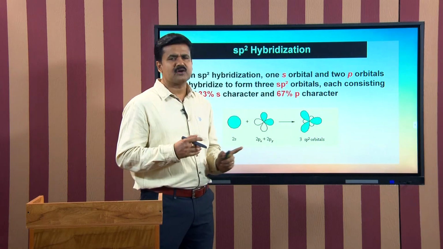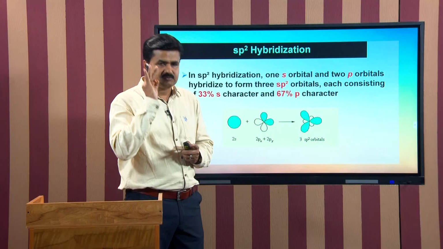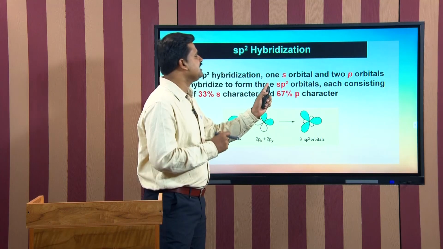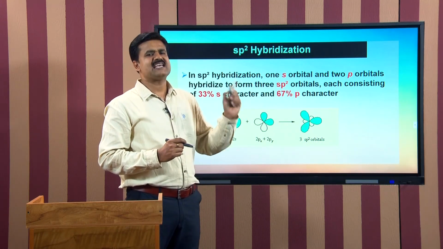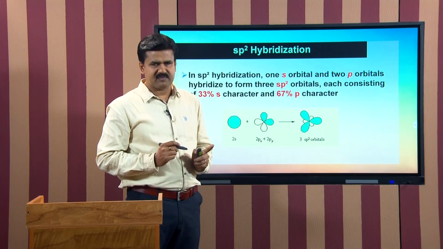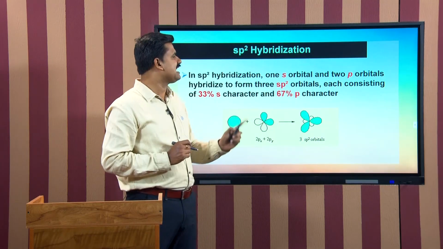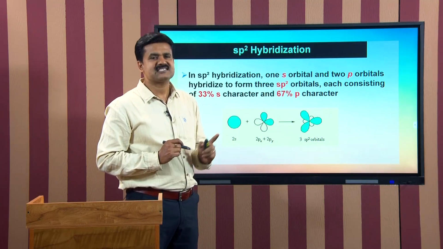Here one s orbital and two p orbitals mix together to produce three sp2 hybrid orbitals. And taking a single sp2 hybrid orbital, there is a percentage of s character and p character. S character is nearly 33% and p character is 67%.